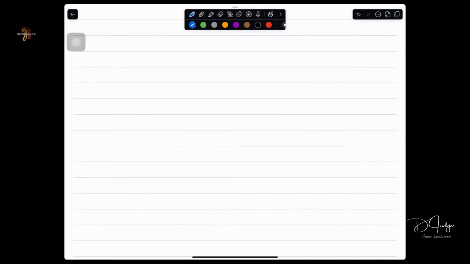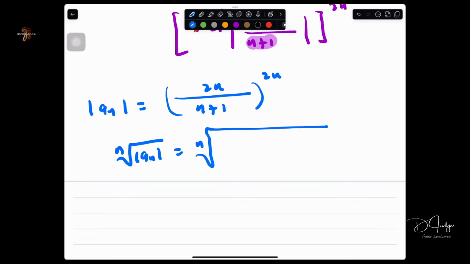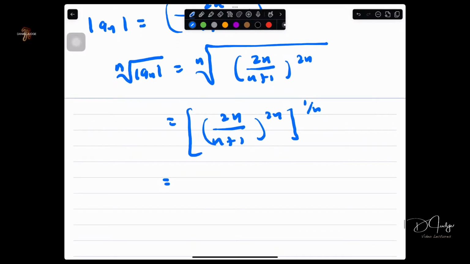So when you now apply the nth root of the absolute value, which is the nth root of 2n over n plus 1 to the 2n power, everything raised to the 1 over n power, you end up with 2n over n plus 1 raised to the second power.